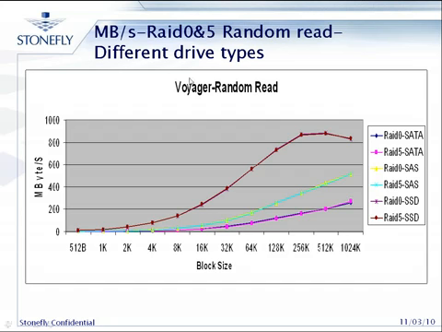In random read megabytes per second, these top two are again the SSD, and we can achieve much higher speed with the SSD drives than the SAS or SATA.